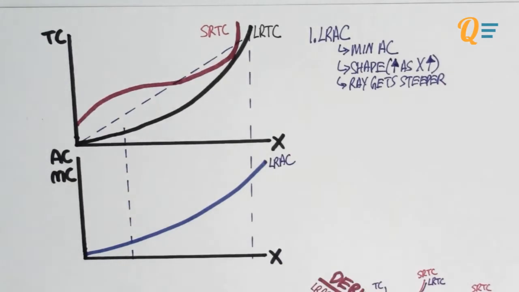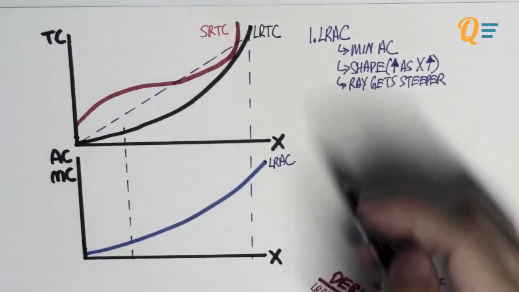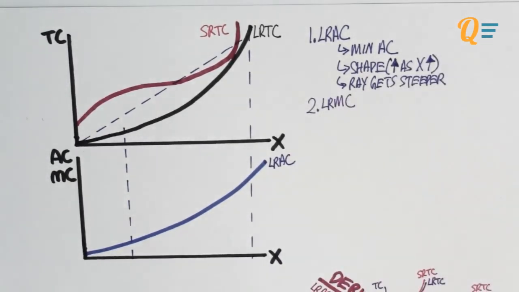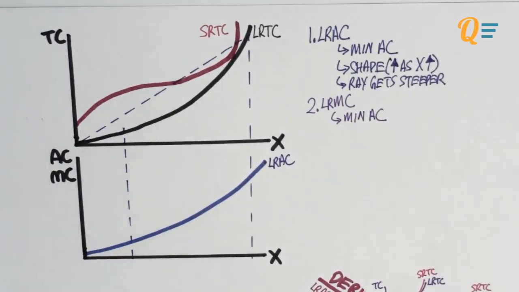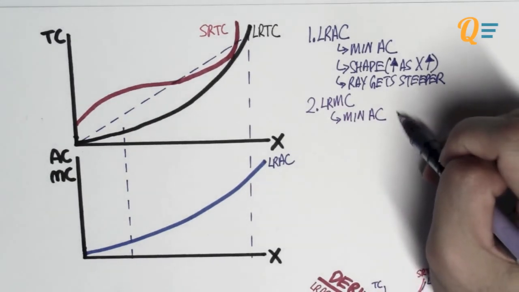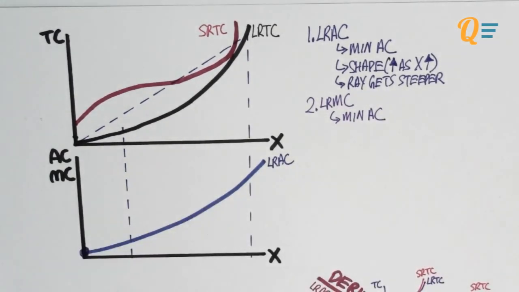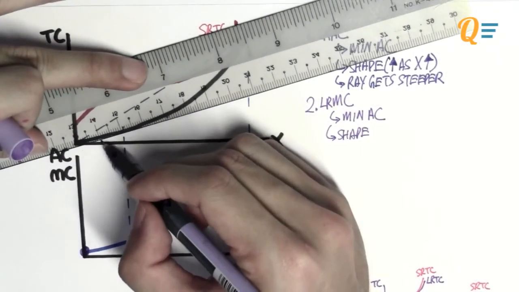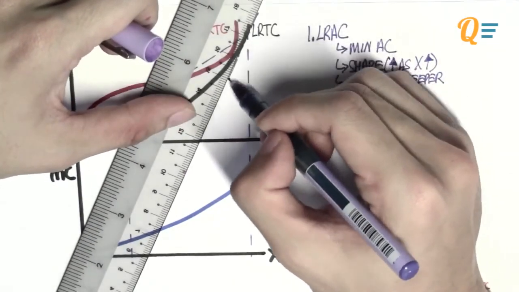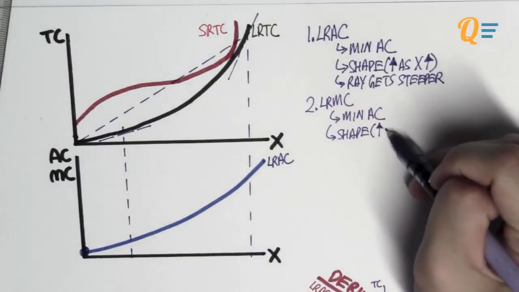So the next thing we're going to do is to find out the LRMC. So we know that LRMC is going to intersect where the minimum average cost is, but in this case, the minimum is simply near the origin, somewhere there. Okay, because that's the lowest point, that's the lowest ray. So let's talk about the shape. And I'm going to be drawing tangents at these points where the ray is. And I'm going to notice that the marginal cost is going to increase as my production of X increases.